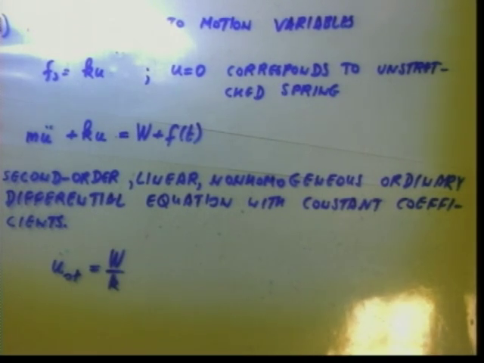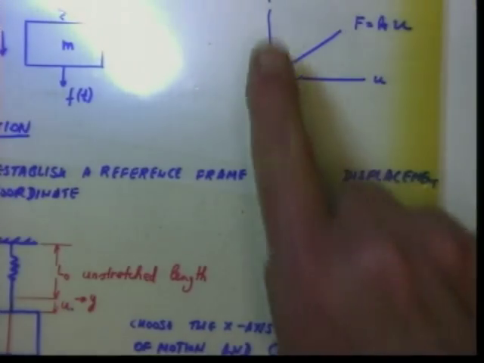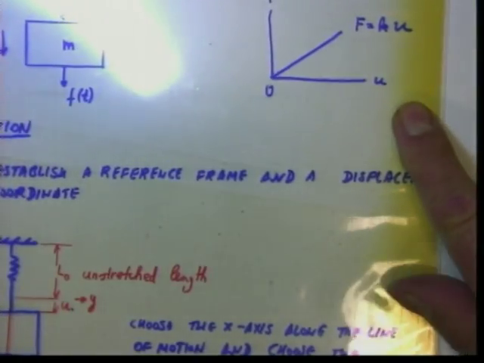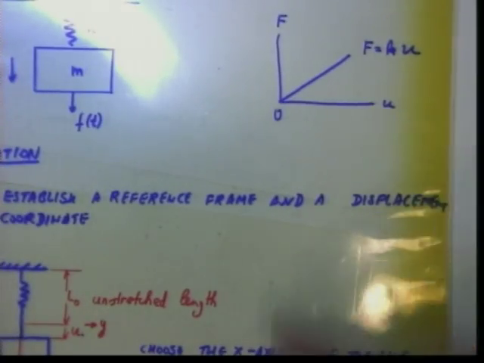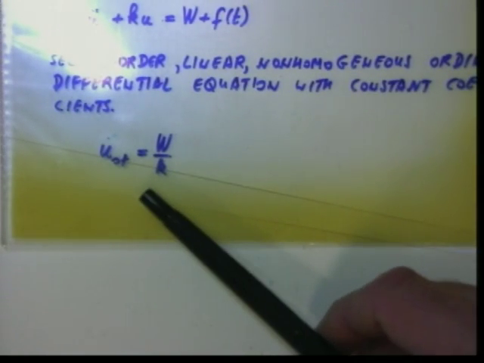Remember we started our story by describing the spring, F equals ku. Because the mass has a weight, this weight W should lead to some displacement.